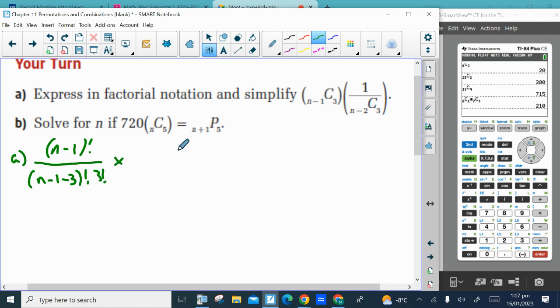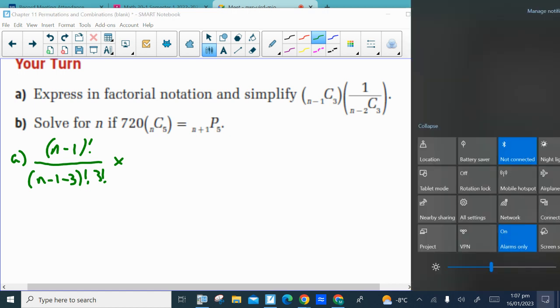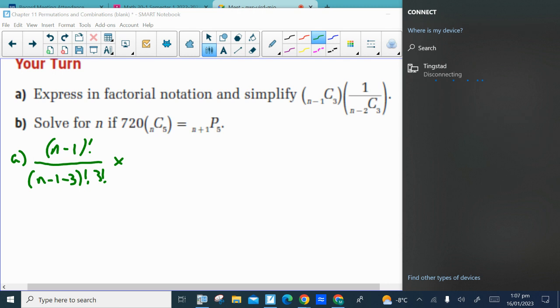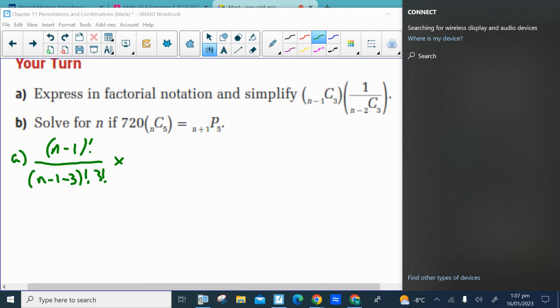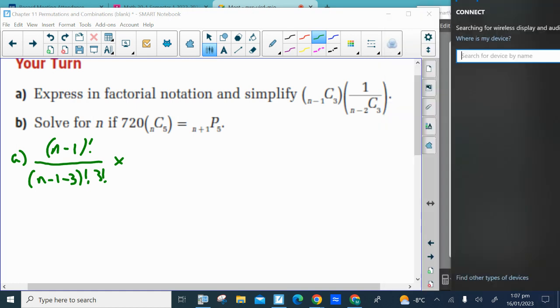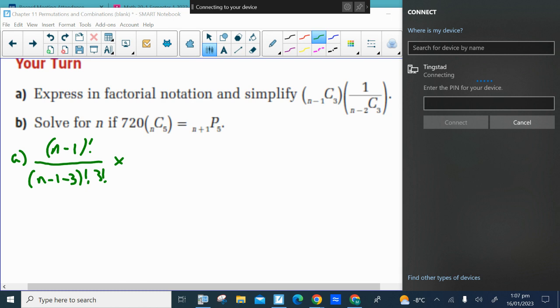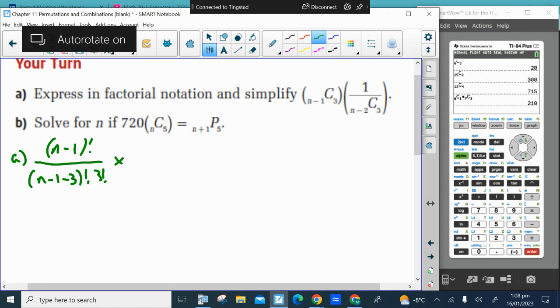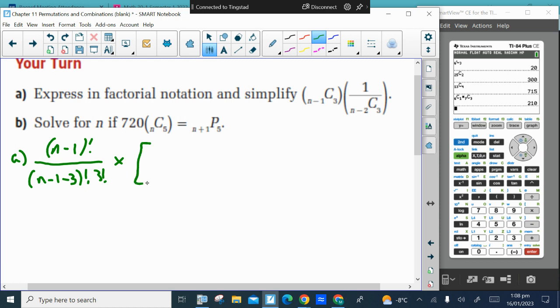And that is multiplied by 1 divided by n minus 2 C3.